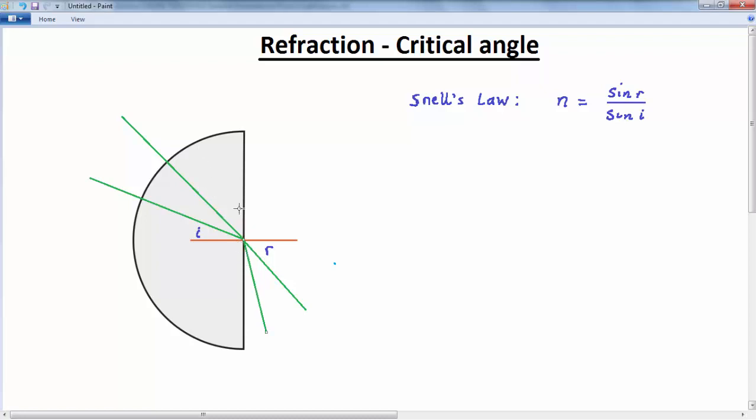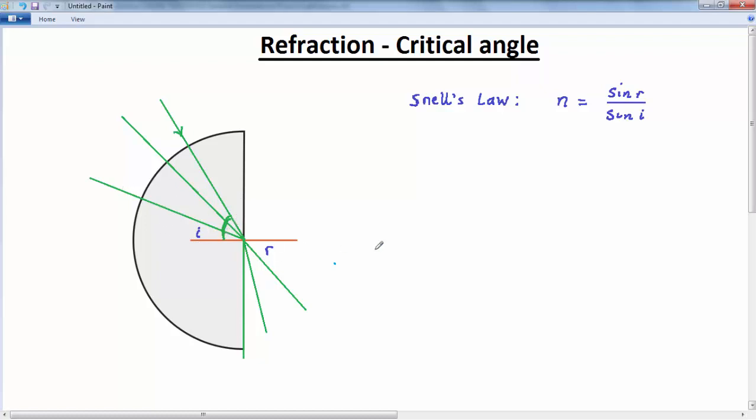But you'll notice that if we keep on increasing this angle of incidence, eventually we will get to a point where the beam is actually refracted directly along the boundary of the glass block, like that. When that happens, we call this angle here the critical angle.